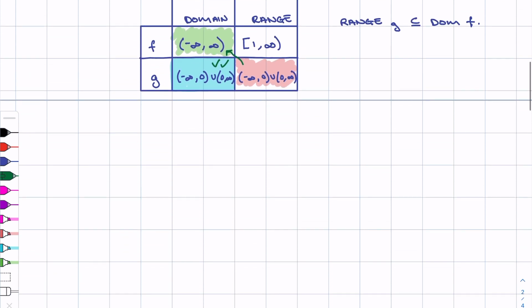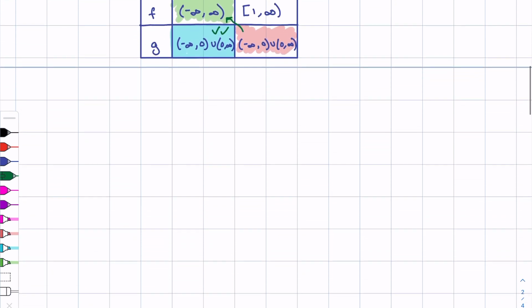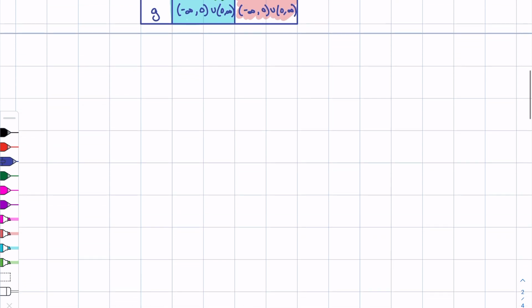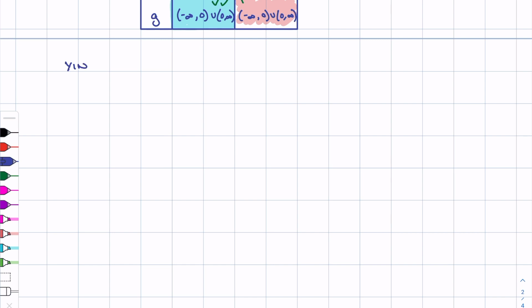Next step is we're going to have a look at our y-intercept. x equals 0. 1 on 0 squared plus 1. Undefined.